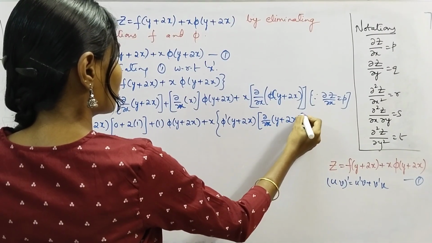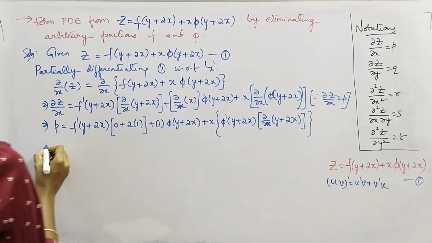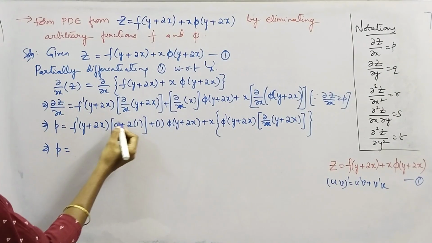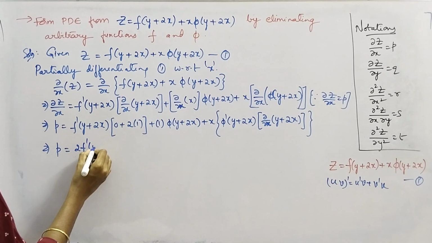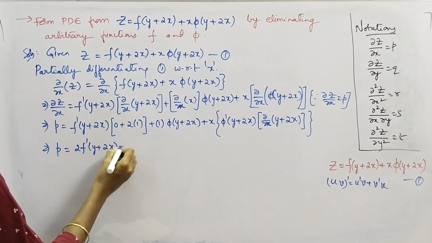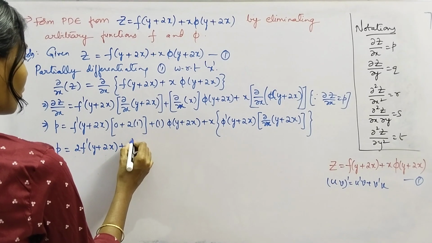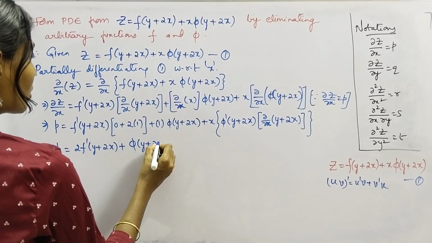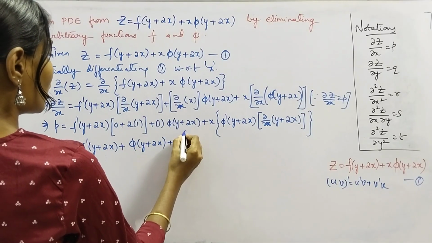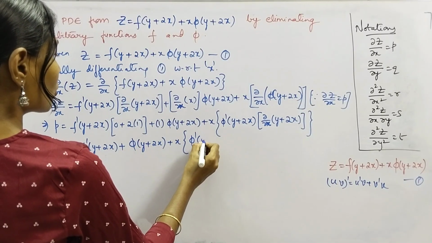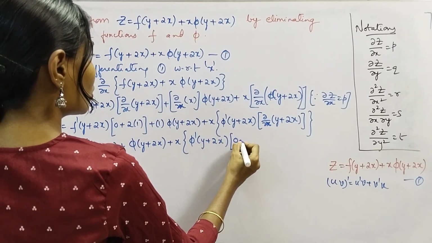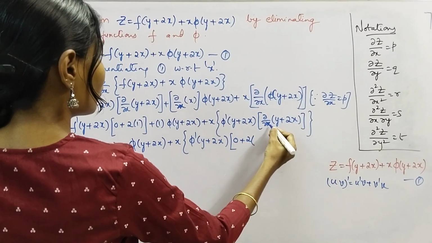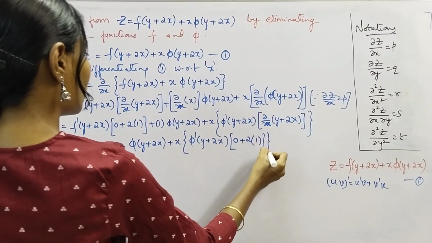y plus 2x. This gives us p equal to 2 into 1, that is 2, plus 0, so 2 into f dash is 2f dash of y plus 2x, plus 1 into phi is phi of y plus 2x, plus x times phi dash of y plus 2x into the partial derivative of y with respect to x, which is 0, plus 2 times the partial derivative of x with respect to x, which is 1.